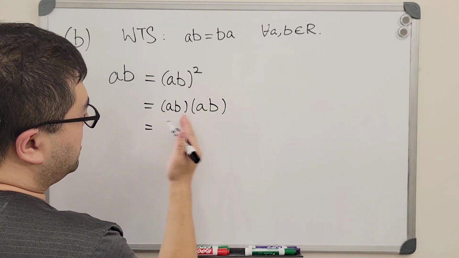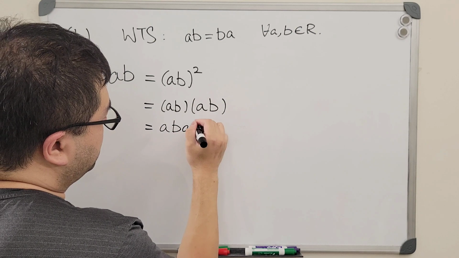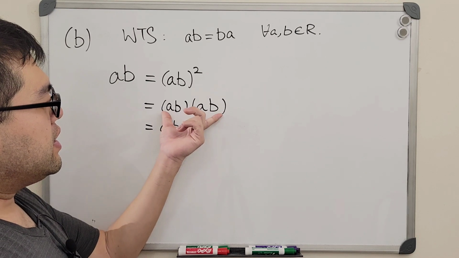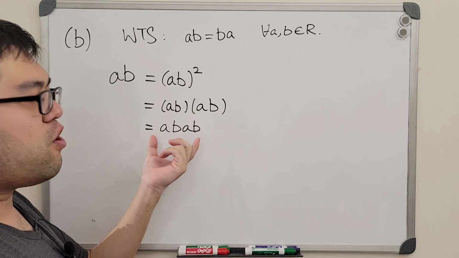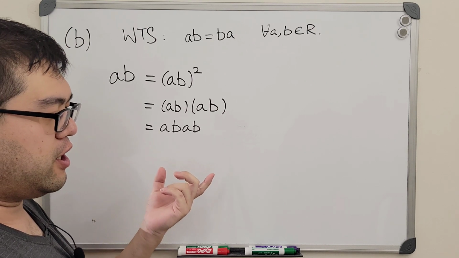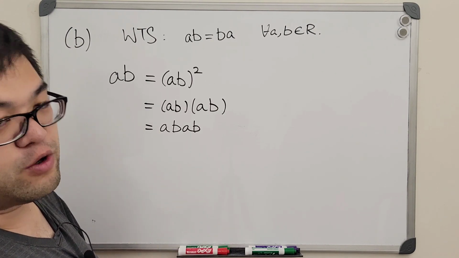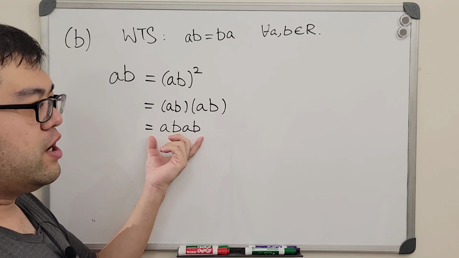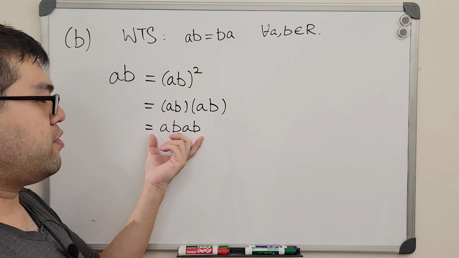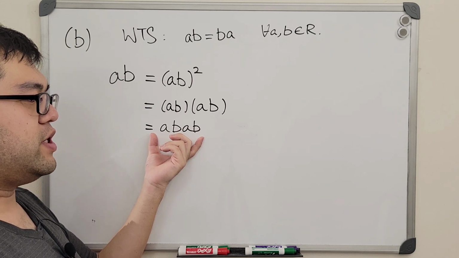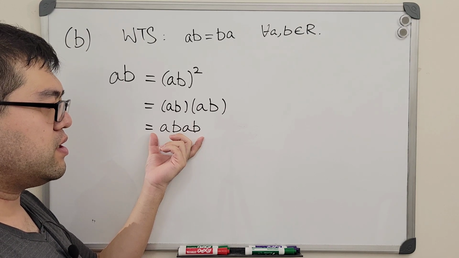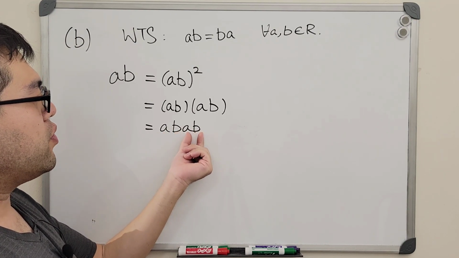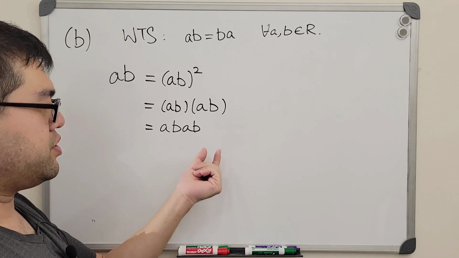And then now we can break it down into A, B, A, B like this. And you might think, isn't this obvious? Well, it's not always true for some kinds of algebras, but this is actually true in any ring, because in a ring the multiplication has to be associative, meaning that it doesn't matter which part we multiply first, we will still get the same result.